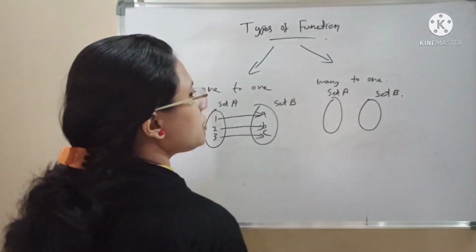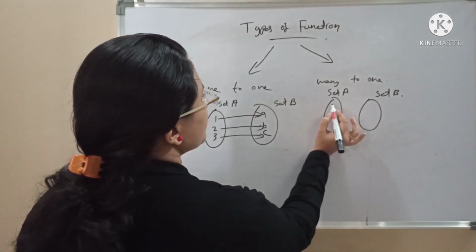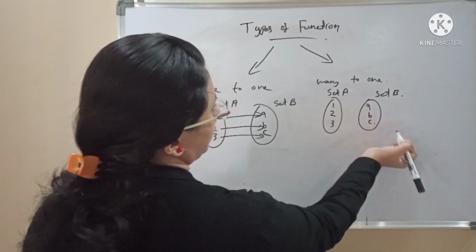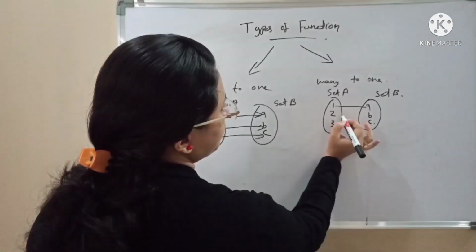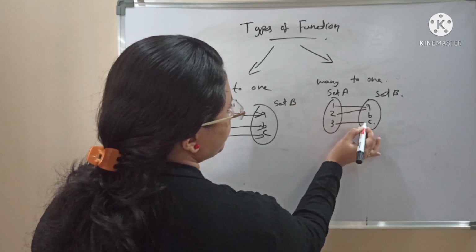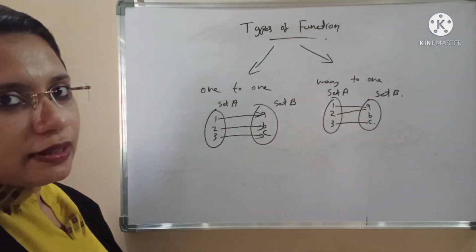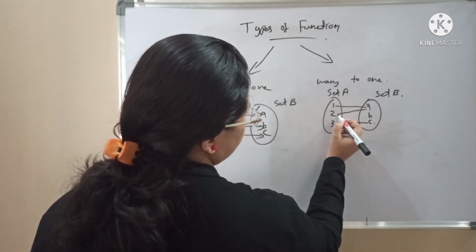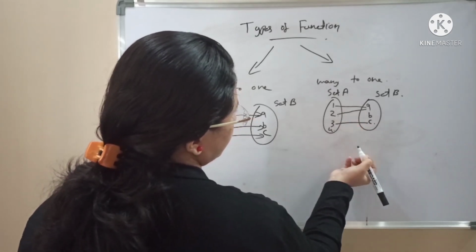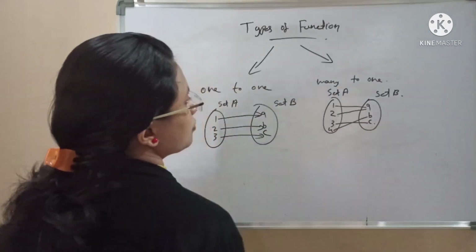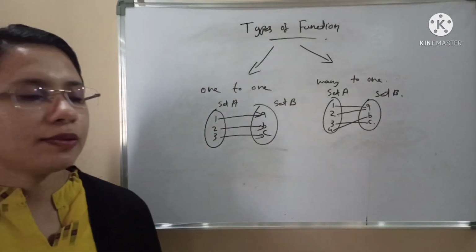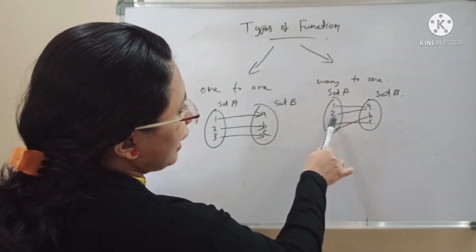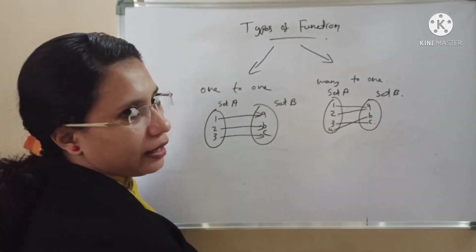And we'll see what is many-to-one. Again, we can consider two sets, set A and B. So it consists of 1, 2, 3, A, B, C. If this is the case, here we can see 1 and 2 are related with A, right?